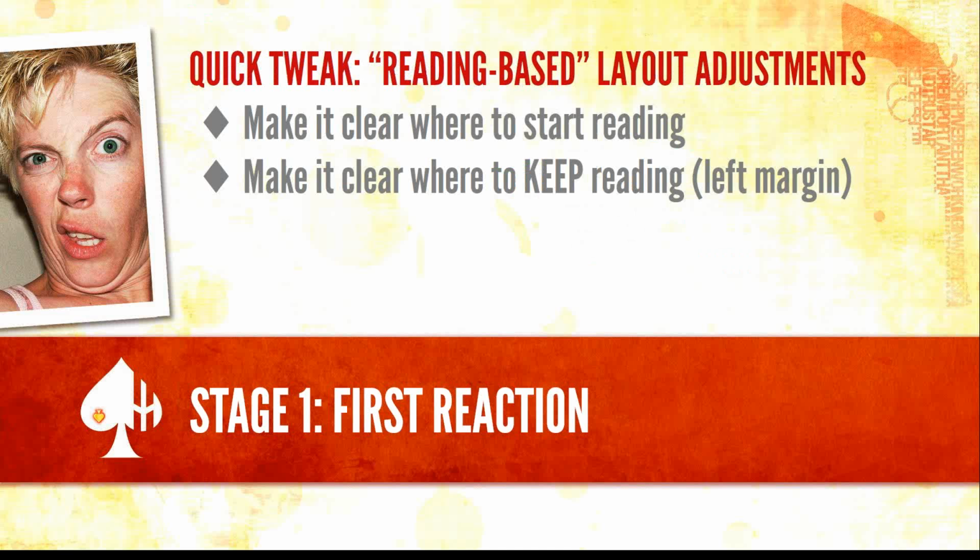All right. Now I mentioned the left margin before, and that is equally important in terms of making it clear where to keep reading. The left margin, at least in the Western world where we read from left to right, is firstly how we identify text that we should read.